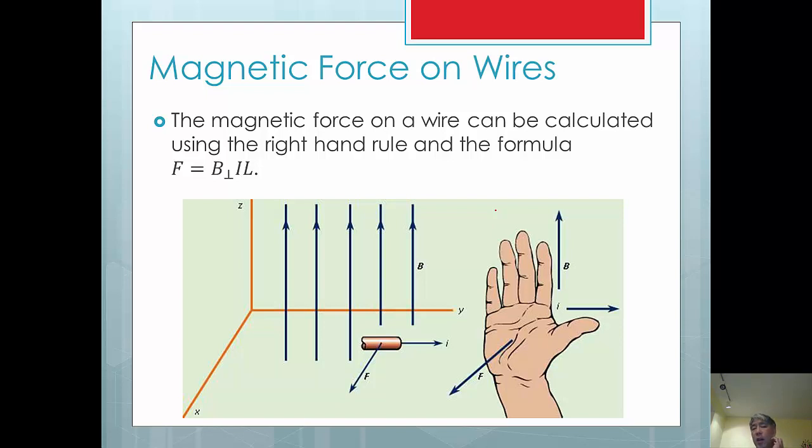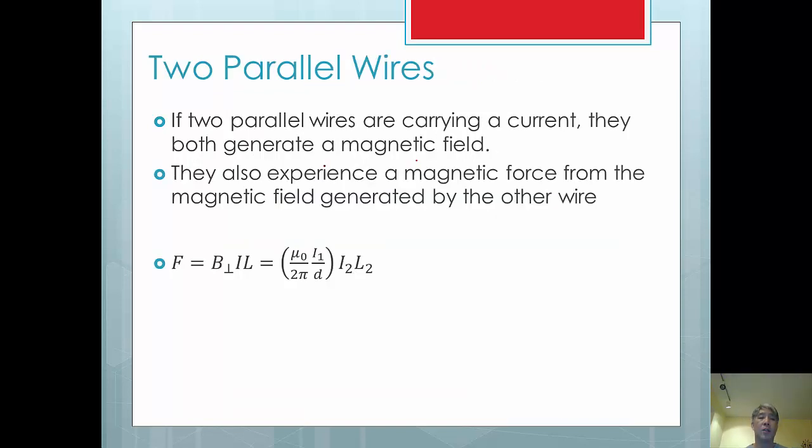So B, I, and L. Notice it's only the perpendicular component of B. Or the other way I would write this is simply B I L times the sine of theta, where theta is the angle between the current and the magnetic field B. Most of the time it's going to be perpendicular, but pay attention, because those frequently fall under the trick questions. So if I have two parallel wires carrying a current, they both generate a magnetic field. The left wire generates a magnetic field, the right one experiences a force.